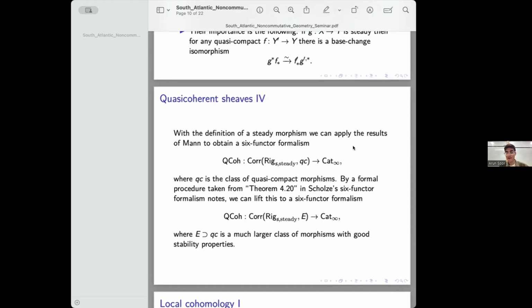By this formal procedure, which is articulated in Theorem 4.20 of Peter Scholze's six-functor formalism notes, you can lift this to a six-functor formalism on rigid spaces with a much larger class of morphisms E. This class E has good stability properties; it's local on the source and target in a precise way. If you're interested in the details, you can see Peter Scholze's notes on six-functor formalisms.